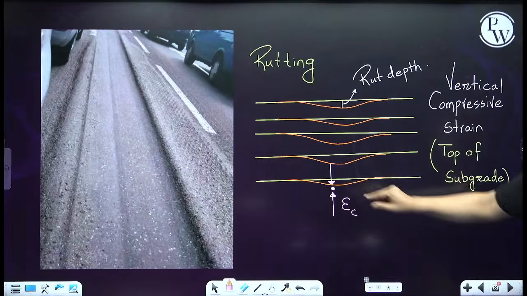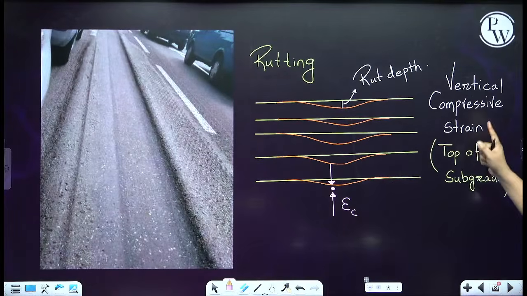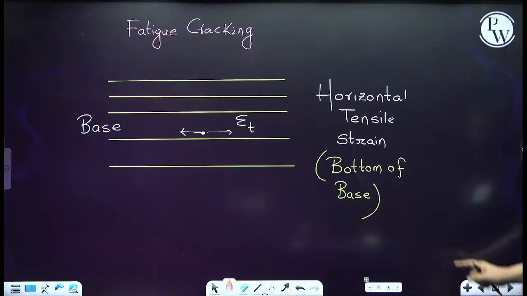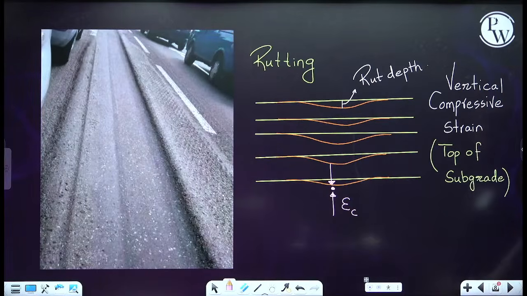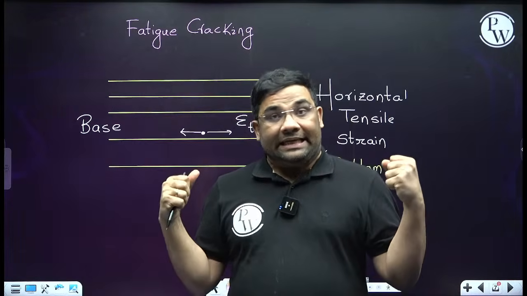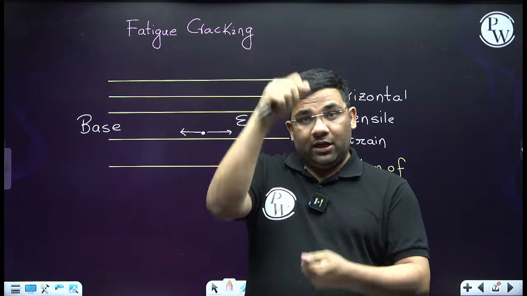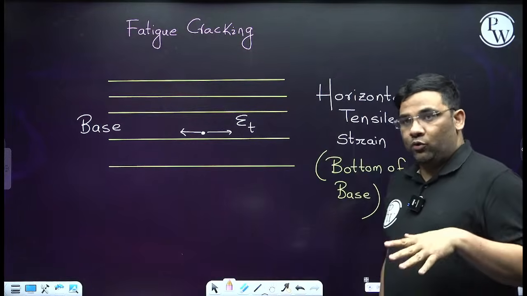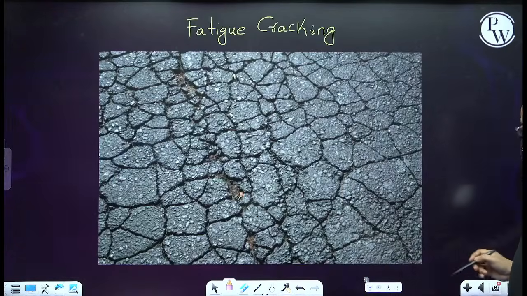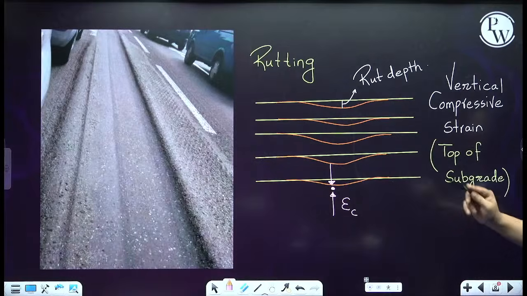Fatigue cracking is due to horizontal tensile strain, and rutting is due to vertical compressive strain. So a very fundamental difference. Now what is the location of the strain? The location of the fatigue cracking strain is the bottom of base, and for rutting it is the top of subgrade.